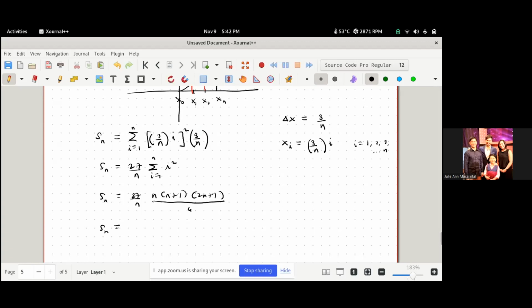Wait, 3 over n squared, this should be n cubed. Hindi natin kailangan expand. Pwede na gawin na ganito. Yung 1 over n cubed, papa-absorb natin sa bawat term.